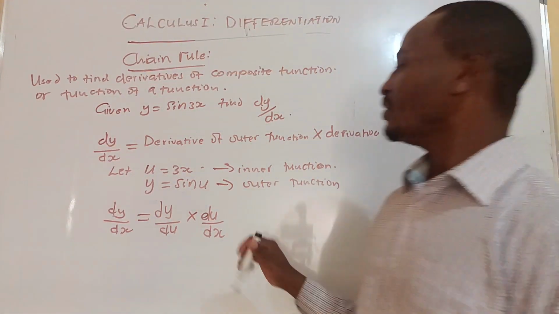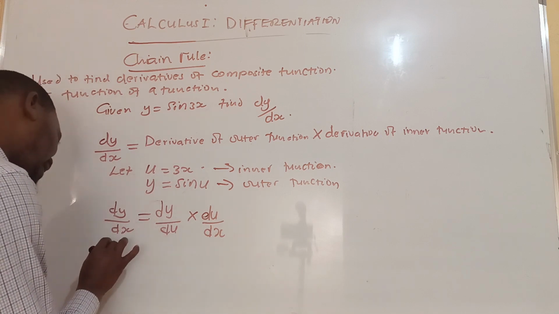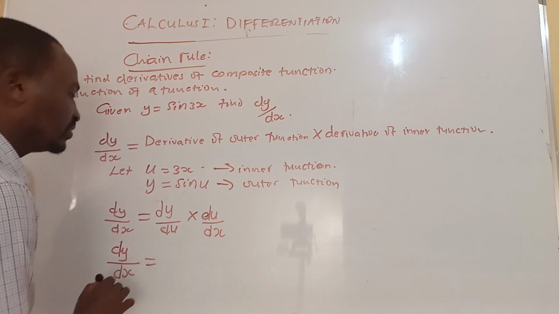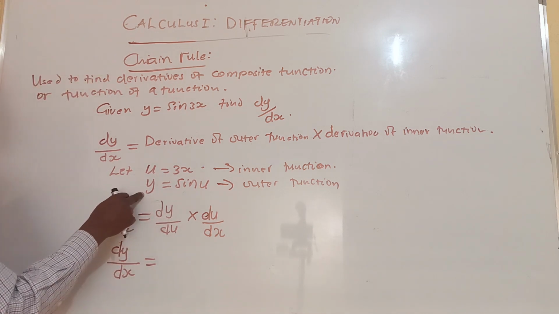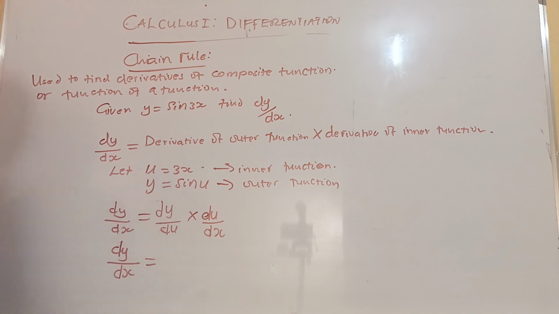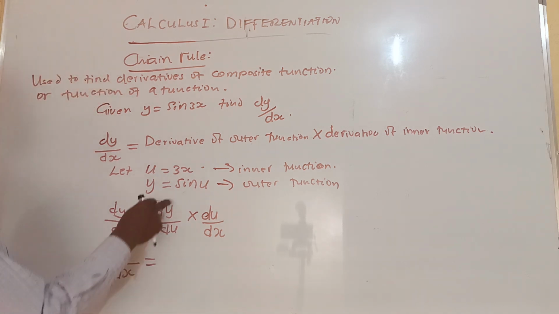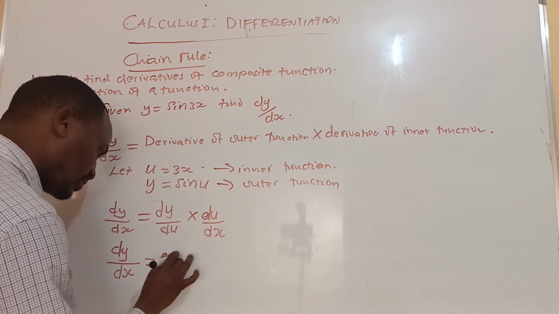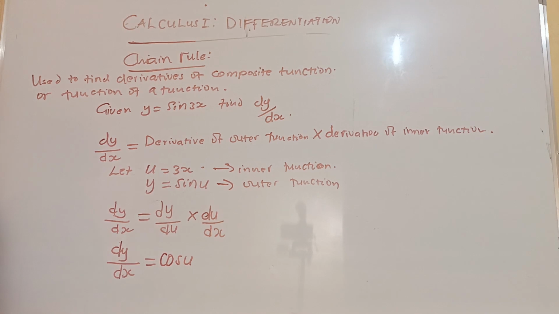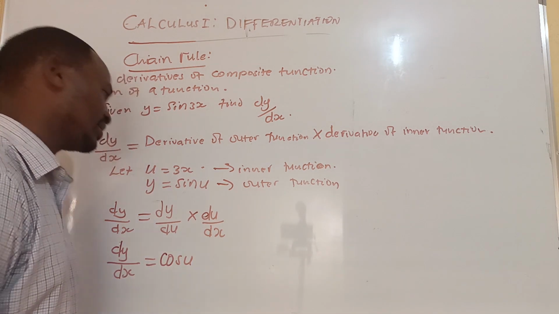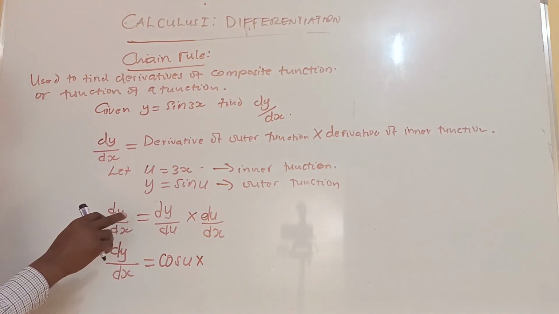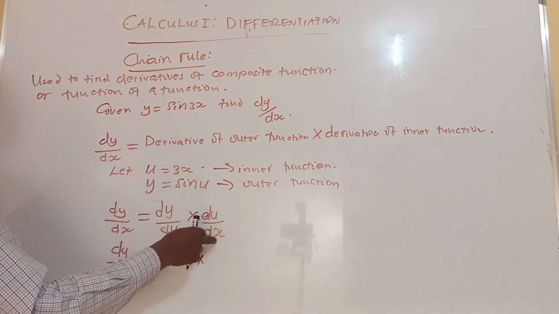Now we go ahead and do the actual differentiation. dy dx is equal to, what is dy du? If you are given y is equal to sine u and you are told to differentiate y with respect to u, of course we know when you differentiate the sine function, you get the cosine function, cosine of u. But we are not going to explain how we are getting it. By now you should at least have that knowledge. Times now the derivative of the inner function, which is du dx.